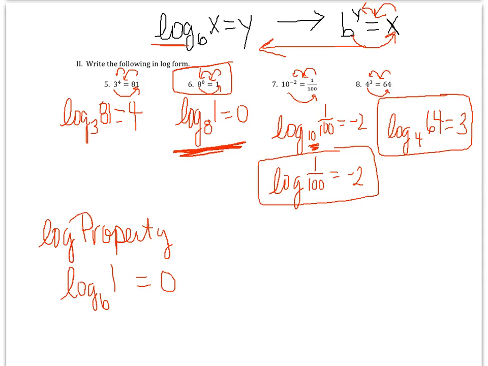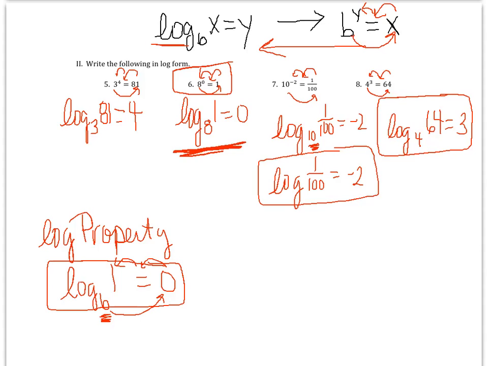So why is it that when we convert it to a log base 8 of 1, it will equal 0? Well, it's all based off of the exponent. Anything to the 0 power is equal to 1. So it doesn't matter what your base is. If you have log base b of 1, it will always equal 0, because anything to the 0 power is equal to 1.